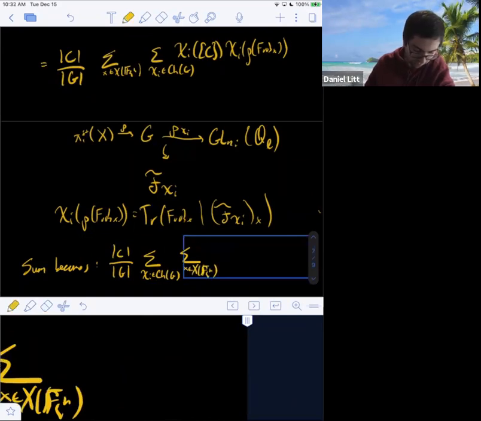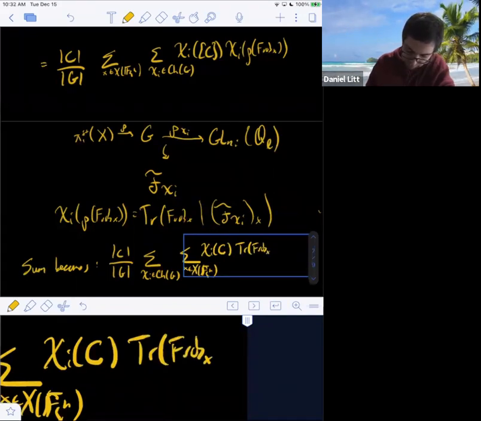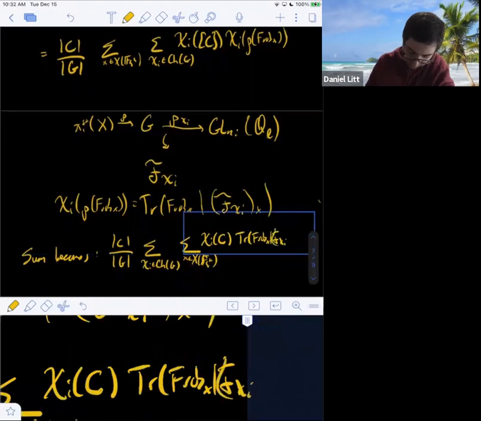Sorry, there should be a chi I of C here. So this is some constant times the trace of the Frobenius at X on this F chi I at X.